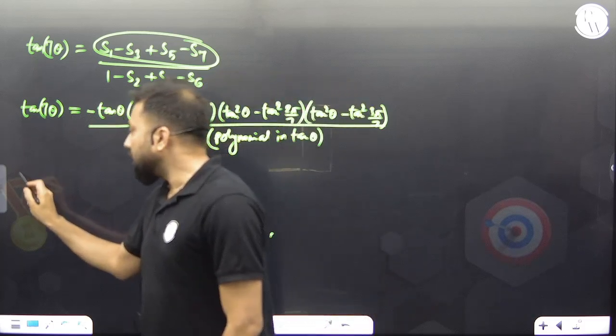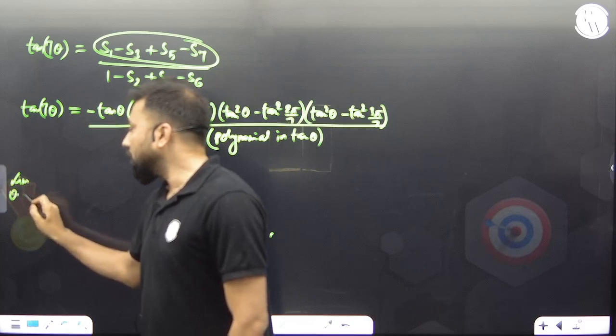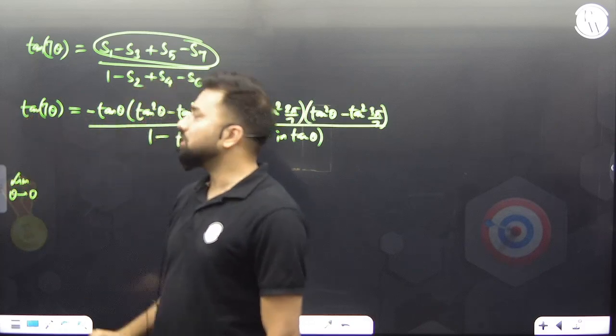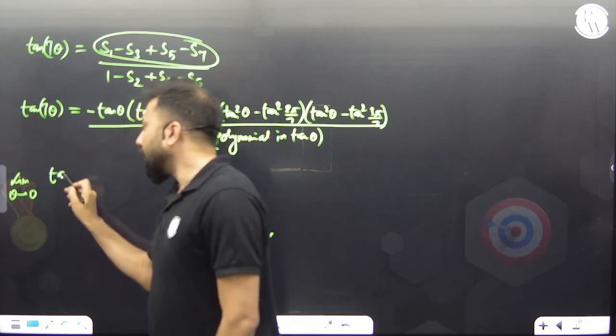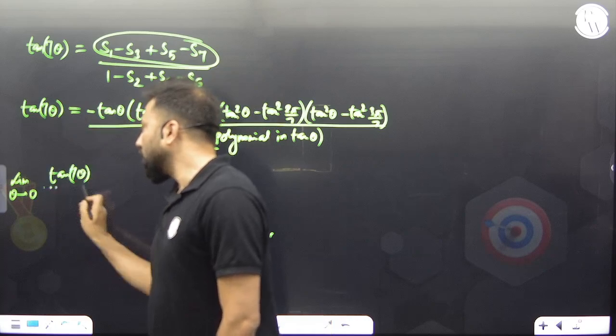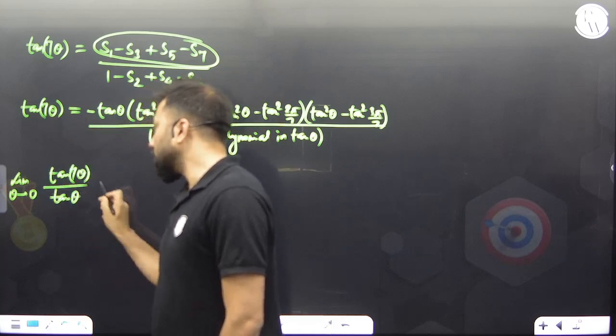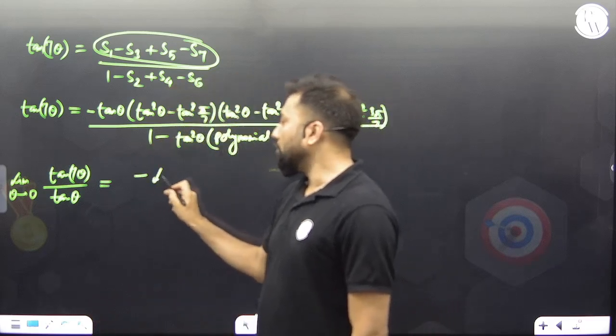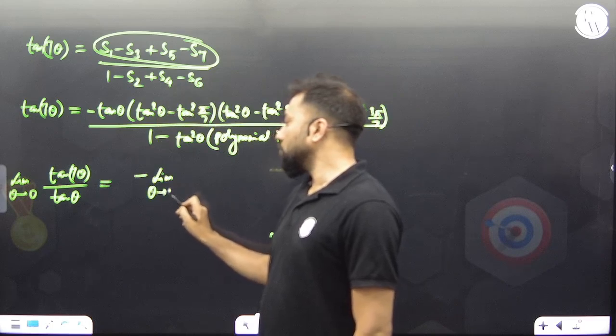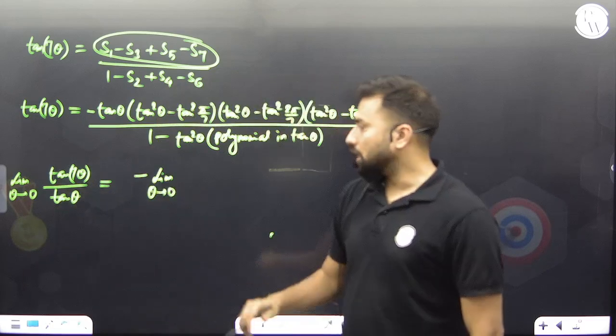So I am writing limit theta tends to 0. These two are equal, so I can equate these two. I can write limit theta tends to 0 tan of 7 theta upon tan theta equals, now I can write this as negative of limit theta tends to 0. I am making use of calculus limit here.